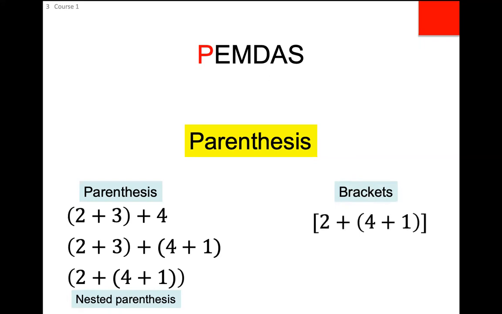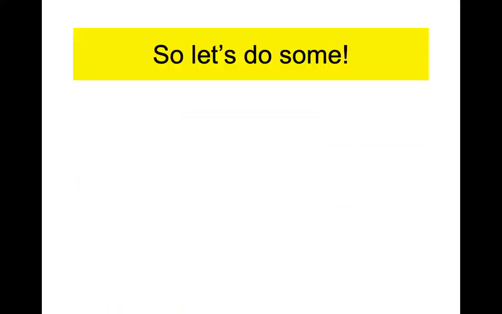You see what I did there? It's the same problem. Now it's visually easier to see the innermost set of parentheses. So these are honestly parentheses, but we call them brackets. Which one are you going to do first? Parentheses. The inner ones, same thing. All right, so we're done with the P, right?